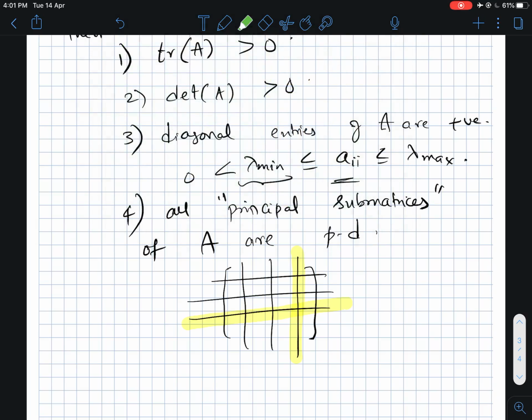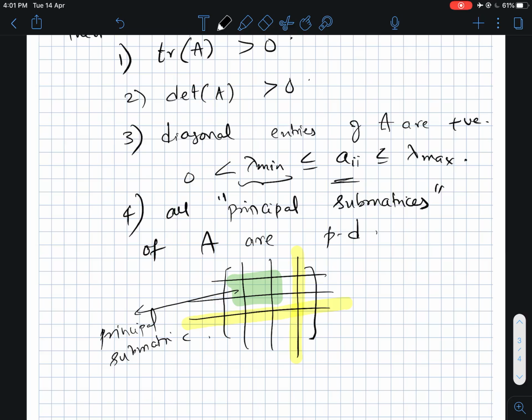Then I am left with a 2 cross 2 matrix inside. This will be a principal submatrix. So a principal submatrix is obtained by removing some rows and removing the same columns.